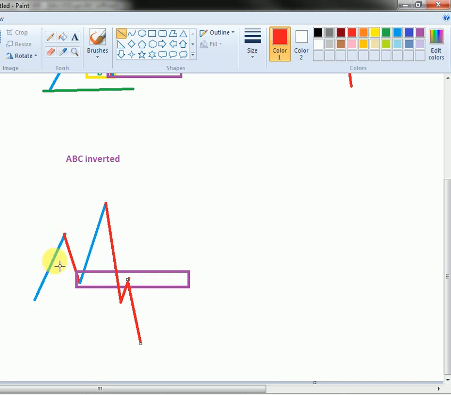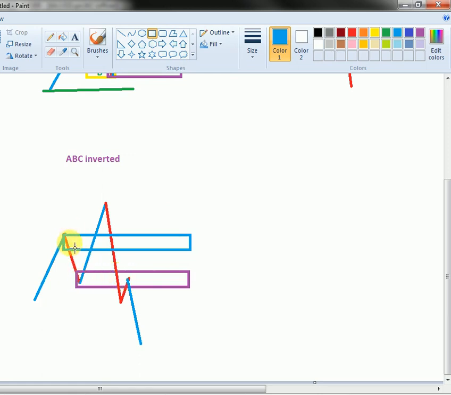For the inverted setup, we have two entry zones. First zone here, and the second zone here. Always remember, for sell, we focus on the bull candle.